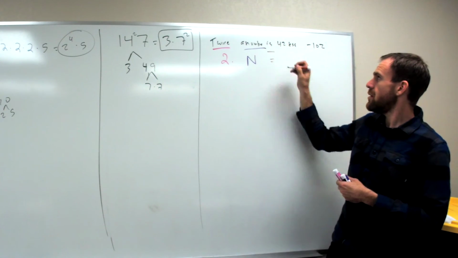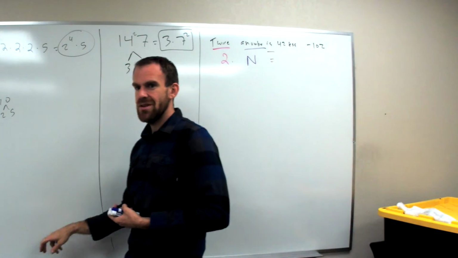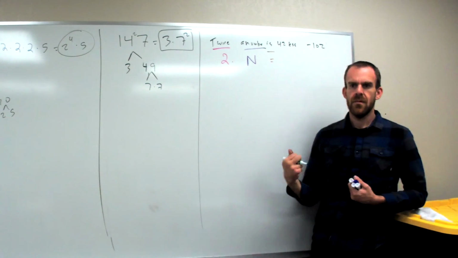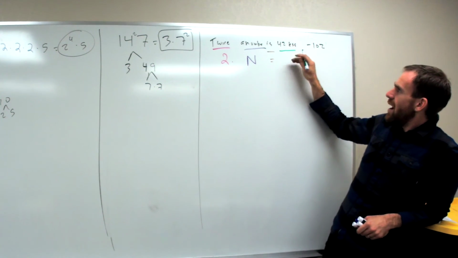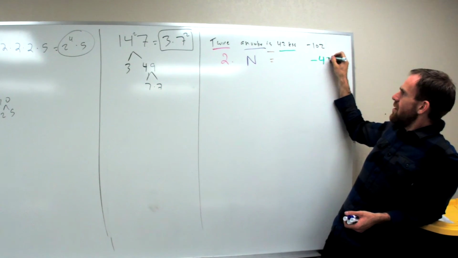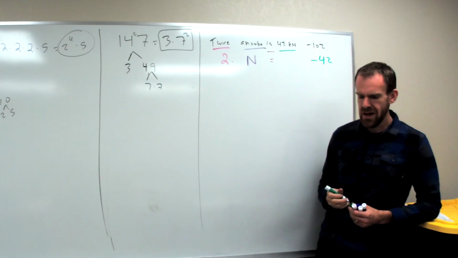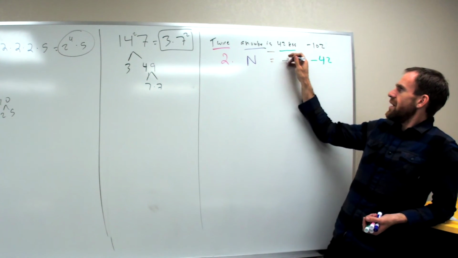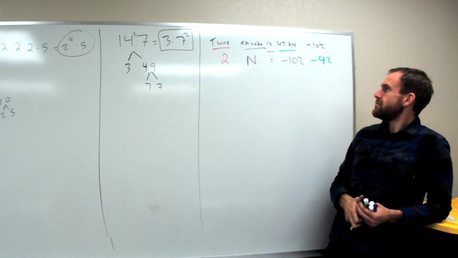Equals. How would I write 42 less? Negative 42. Okay. So I have to ask what is it less than, because it goes after whatever it's less than. Okay. What is it less than? Negative 102.